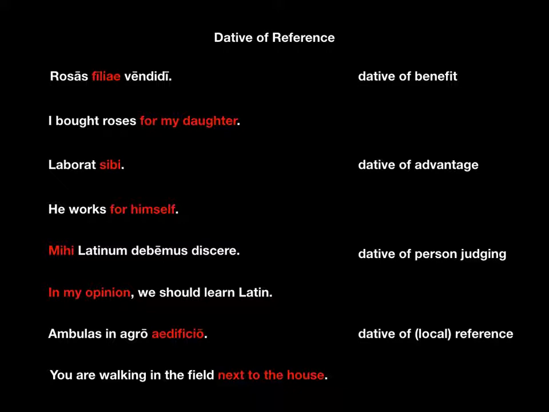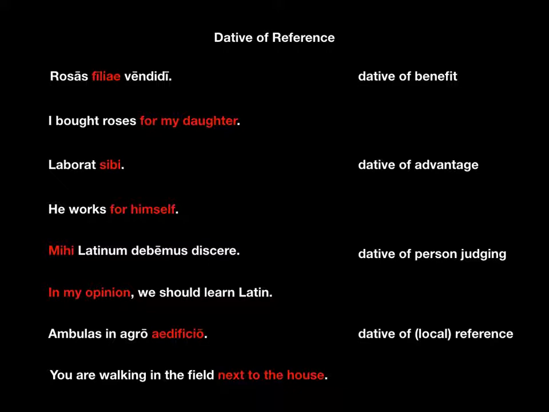You could also say something like "mihi Latinum debimus dicere," which is, in my opinion, we should learn Latin. That'd be a dative of person judging, because there's someone giving their opinion, and the person whose opinion is being heard is in the dative. It's the opinion of me that people should learn Latin.